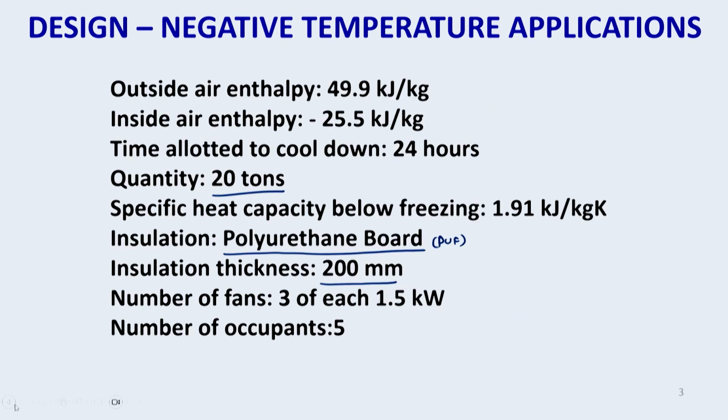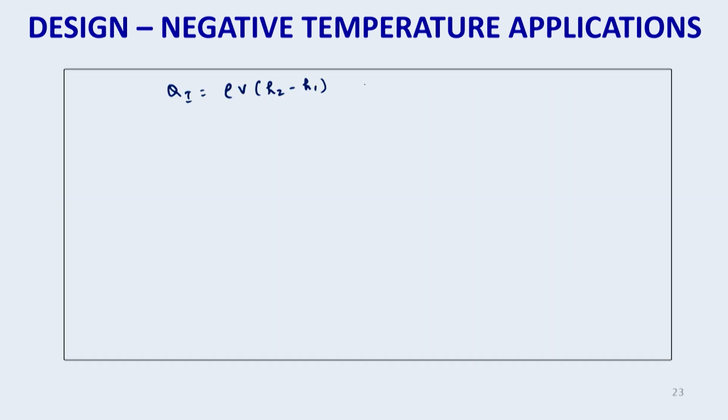H2 is the outside air enthalpy, 49.9 kilojoule per kg, and H1 is the inside air enthalpy, minus 25.5 kilojoule per kg. Both are given in the question.